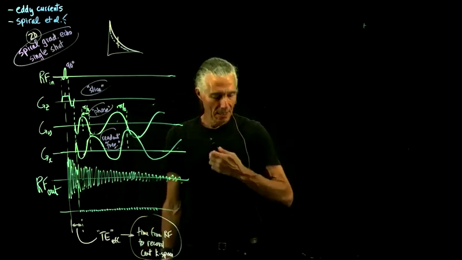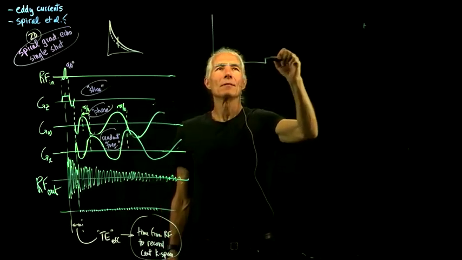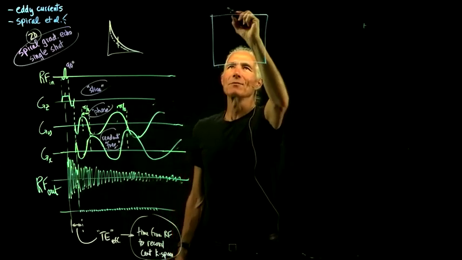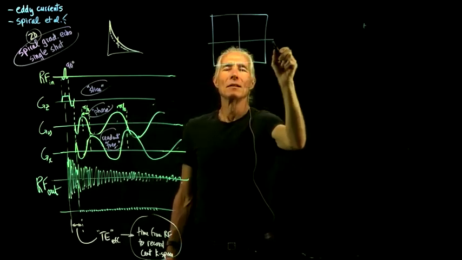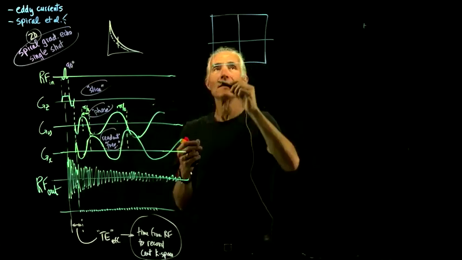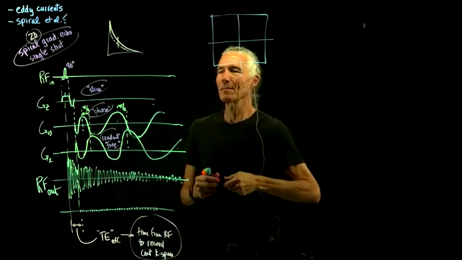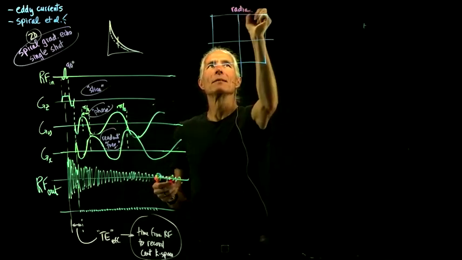So one thing we could do would be radial, and we have this on the scanner too. So the idea is you turn on both gradients at the same time so that you take a diagonal line through k-space.